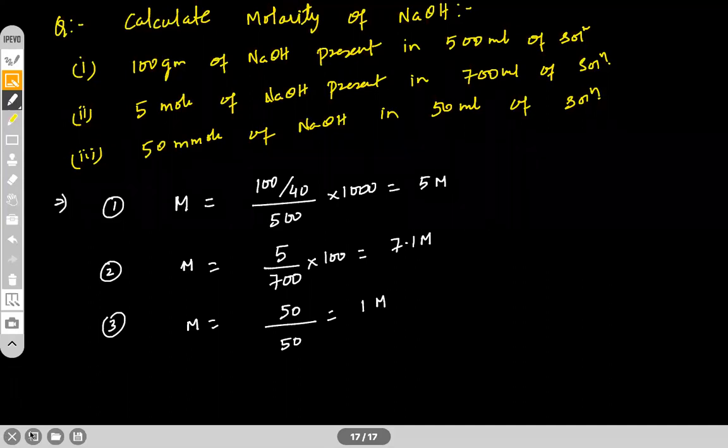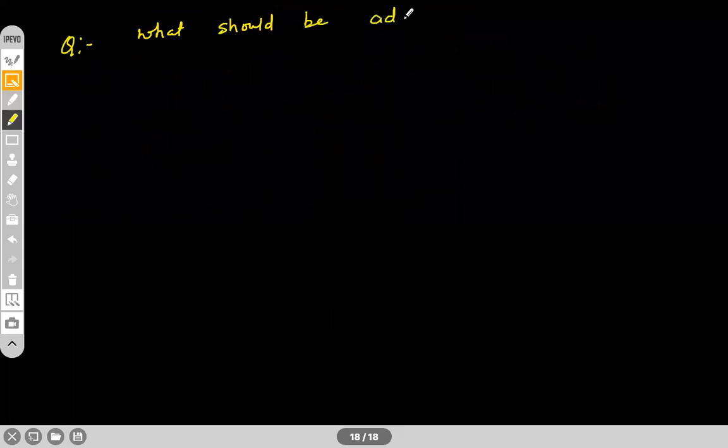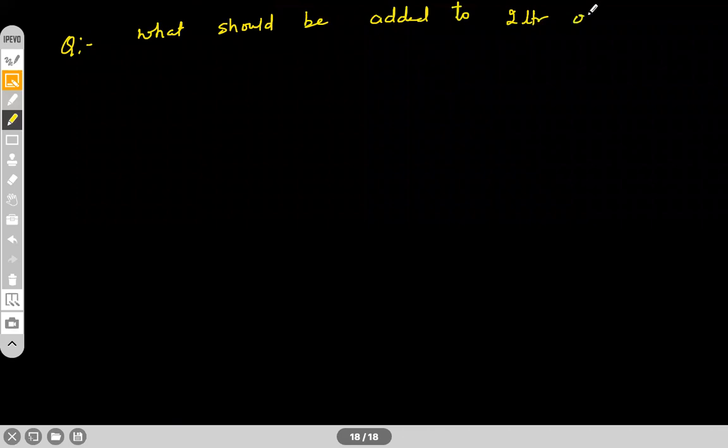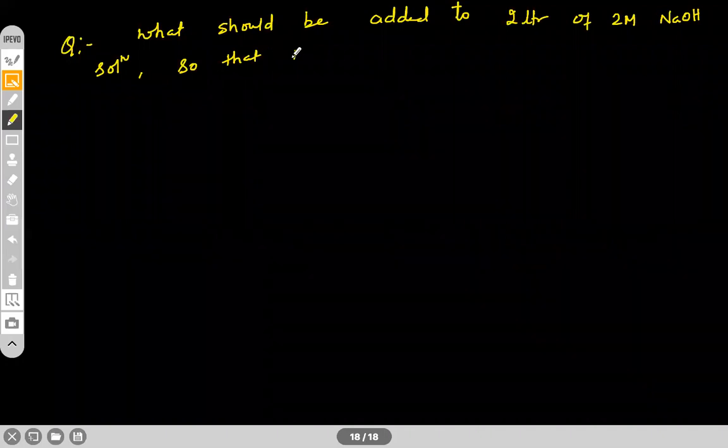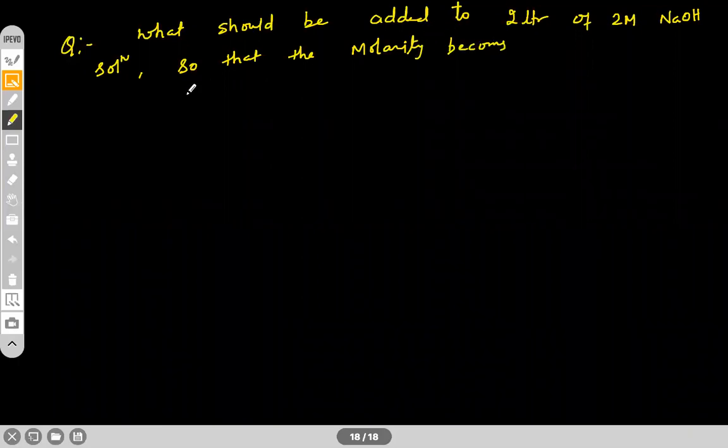One question, write it down. What should be added to 2 liter of 2 molar NaOH solution so that the molarity becomes, first one, 2.5 molar and second one, 1.5 molar.